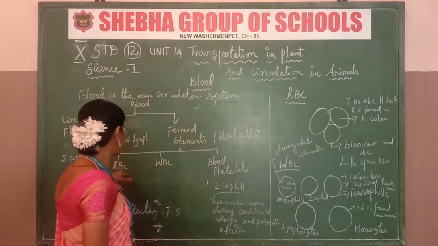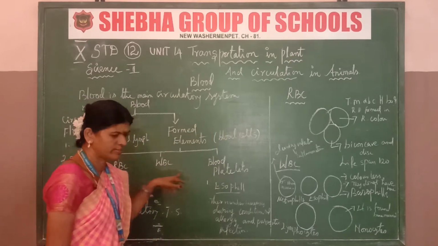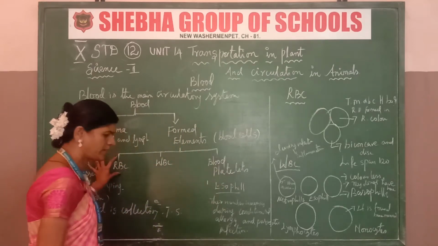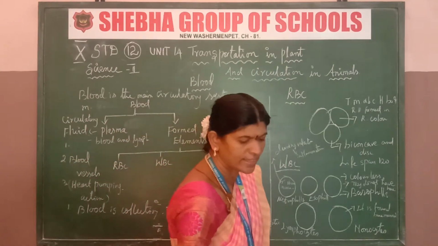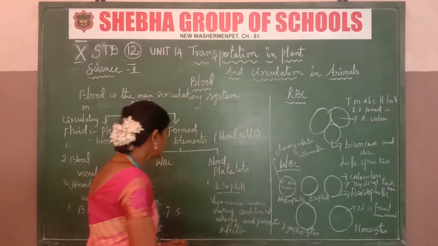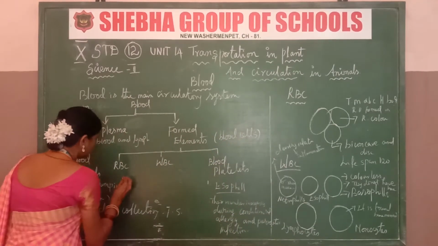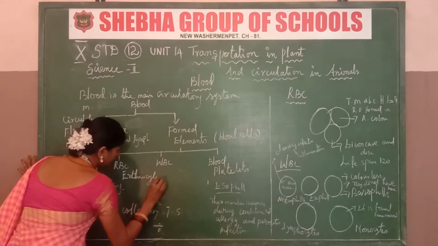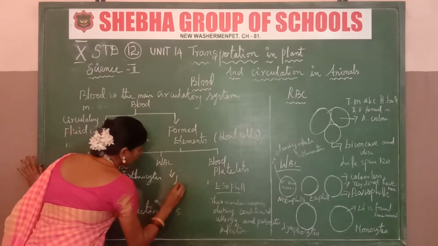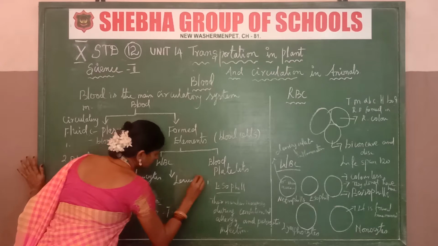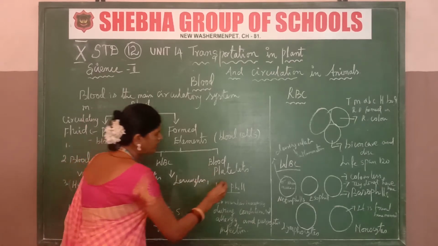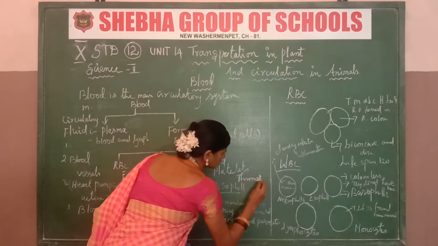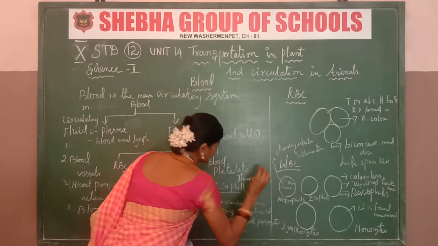What are they? RBC, WBC and blood platelets. RBC is the erythrocytes, WBC is the leukocytes, and blood platelets are the thrombocytes. It's clear.